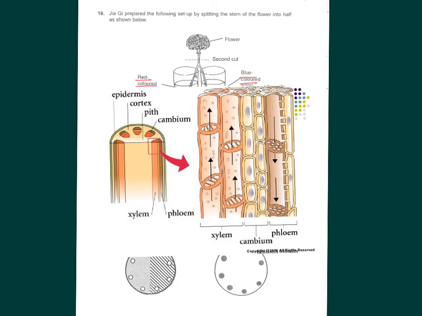Now, if you take a cross section, that means if I were to chop the stem across, just like how it is shown in this question here, and I have a top-down view, I would see that there are these interesting parts that make up the stem. And the part that I would like to draw your attention to is what we call the xylem, or sometimes we call it the water carrying tube.